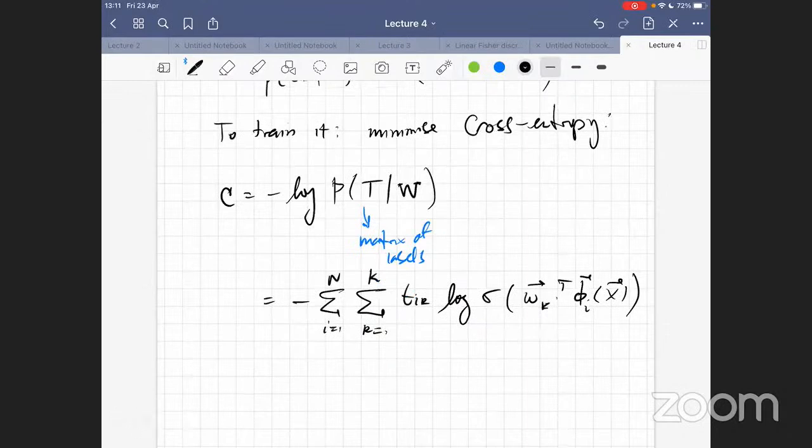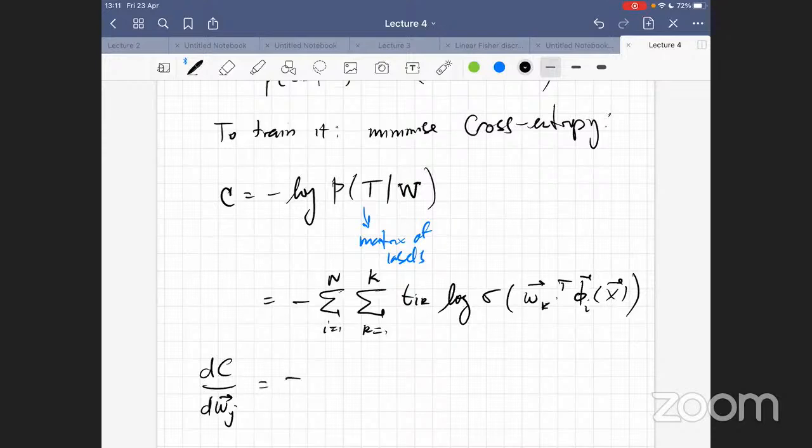Then if you write this and minimize it with respect to a particular parameter, where j here is the class, you end up with the following.